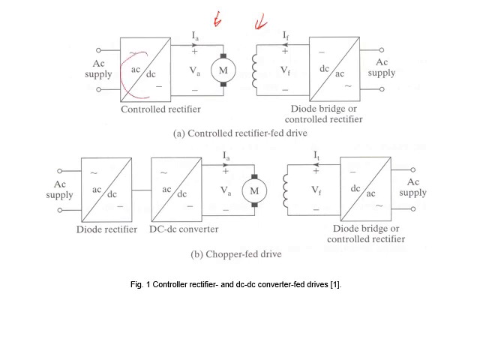For the field we will use a controlled rectifier circuit, and for the armature also we will control using a rectifier. We already studied different rectifier circuits, and here we are going to control the operation of the thyristor to control the voltage applied to the armature or to the field. Another method is by using an uncontrolled diode rectifier, and then we put a DC-DC converter, buck, boost, Cuk converter, any one of them.